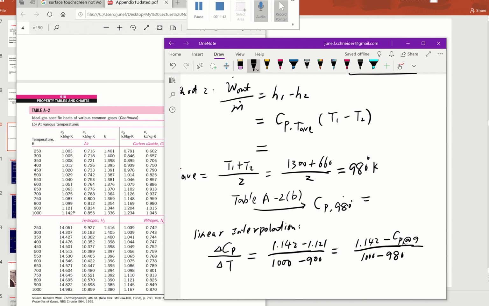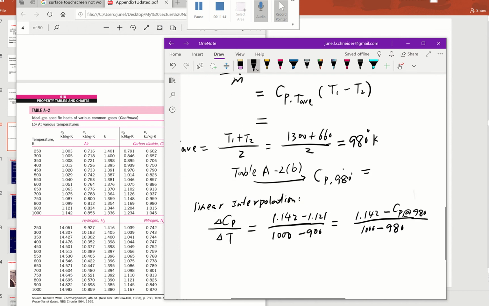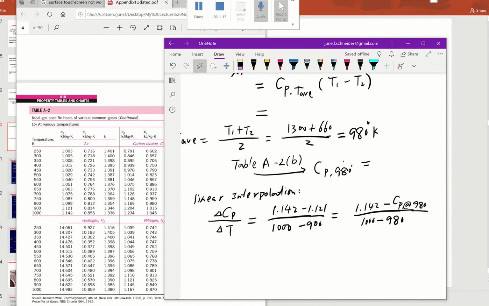Cp at 980. Without further ado, I'm just going to write down the answer for Cp at 980. That's going to give us 1.138, and that's in units of kilojoule per kilogram per Kelvin.